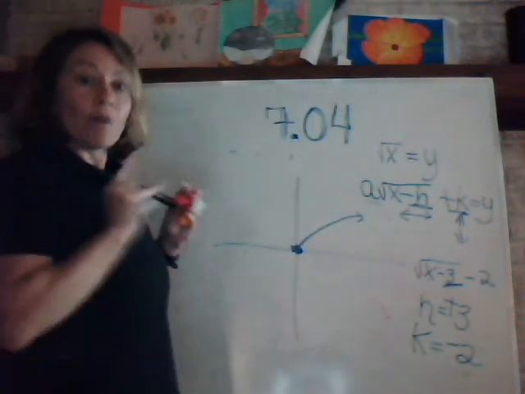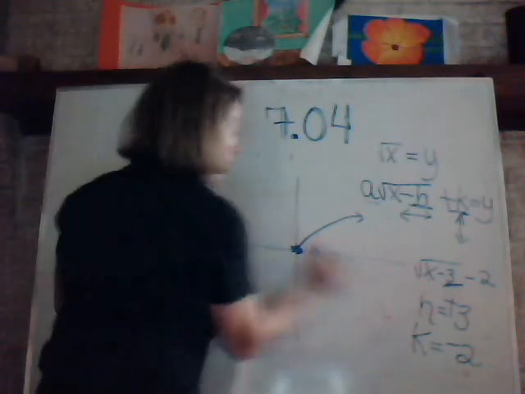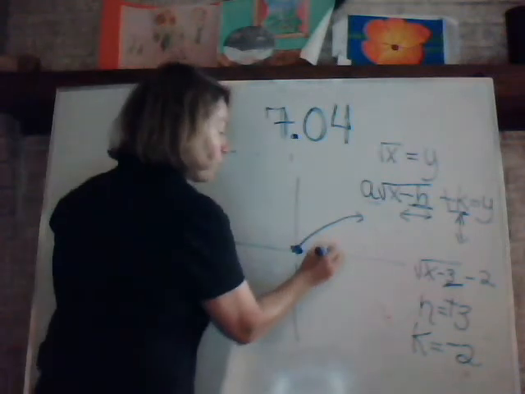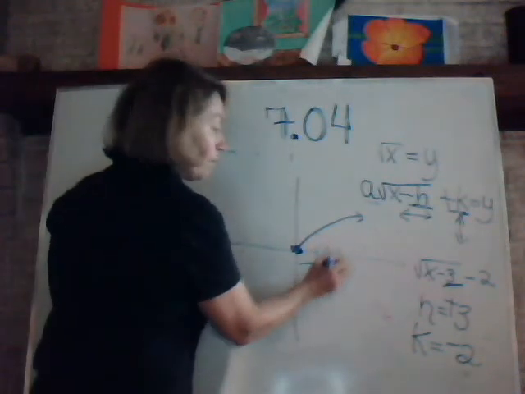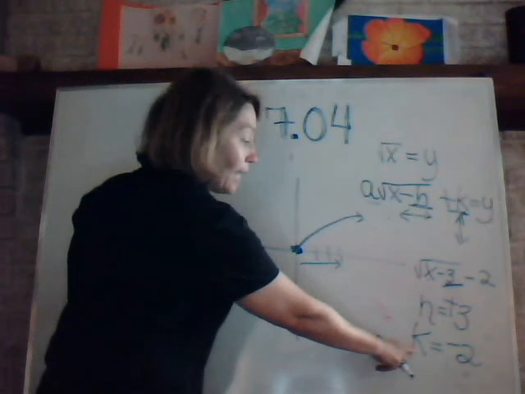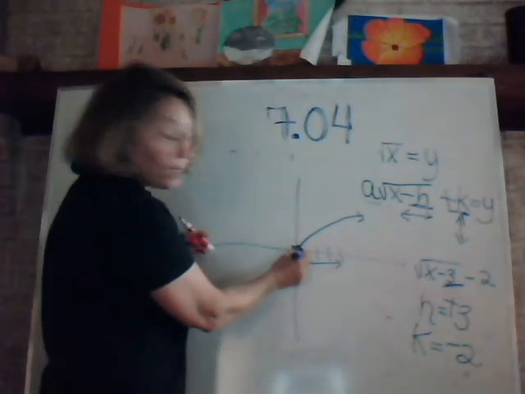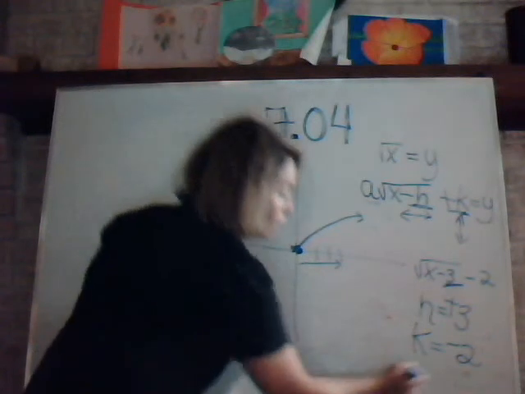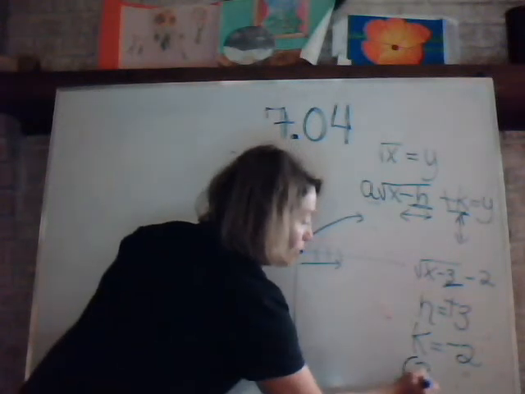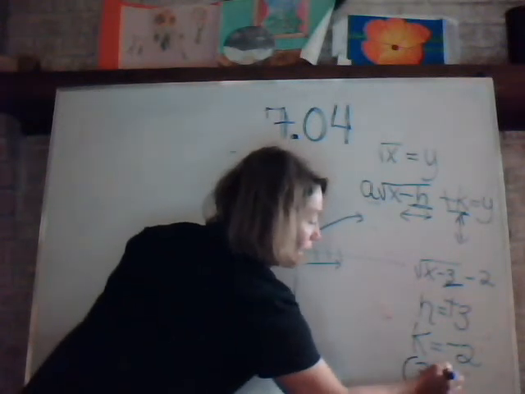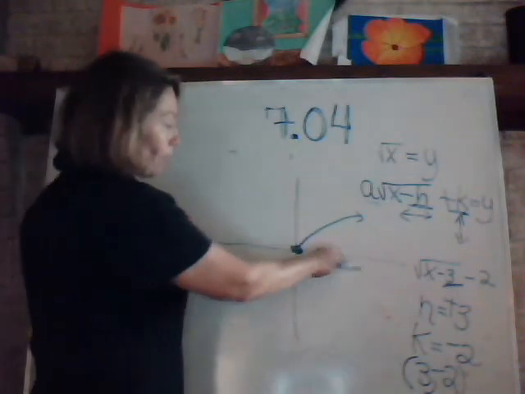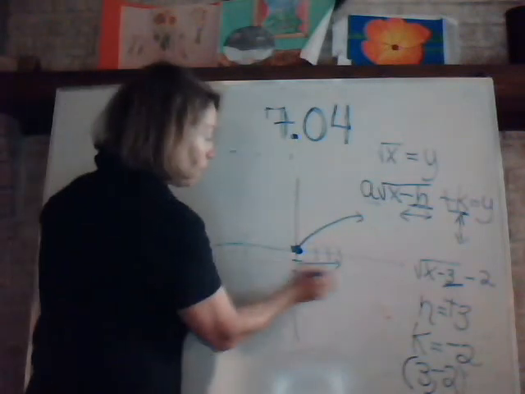So I'm going to have a horizontal shift of positive 3. That means I'm going to come to the right 3, and I'm going to have my K go down 2. So what was at the origin is now shifting to the ordered pair 3, negative 2. So my new starting point is now at 3, negative 2.